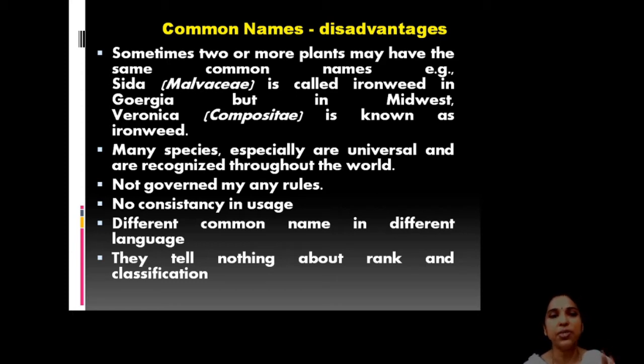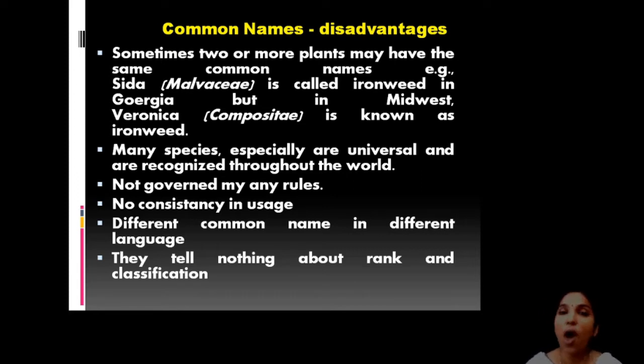Different common names in different languages for a particular plant. Okay, so they never tell about rank and classification, which we will discuss later. For example, there are different ranks of taxa: species, genus, family, order. Okay, so it never tells anything about these ranks of taxa. So these are all some disadvantages of common names.